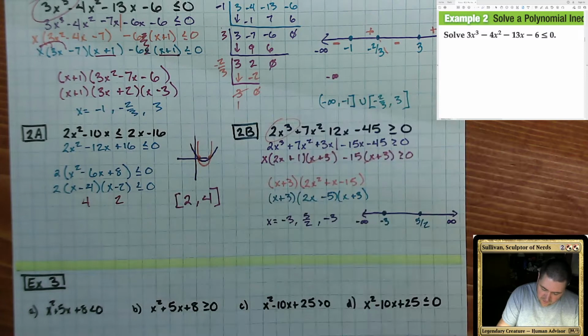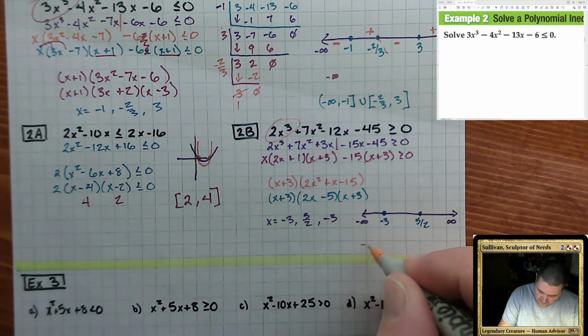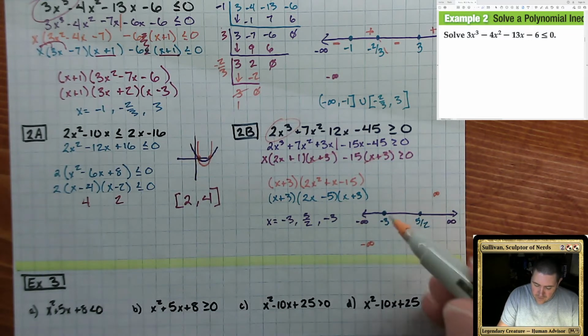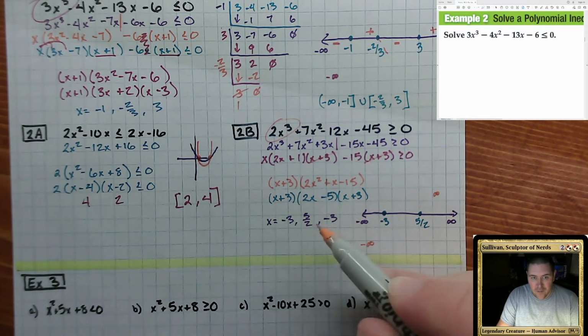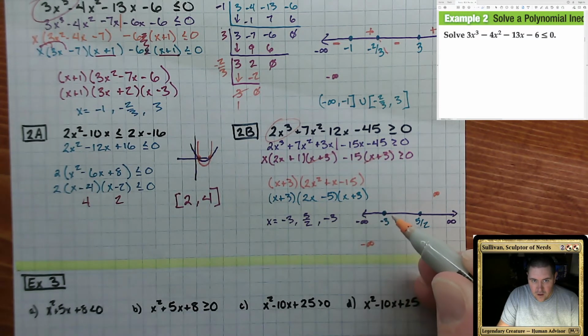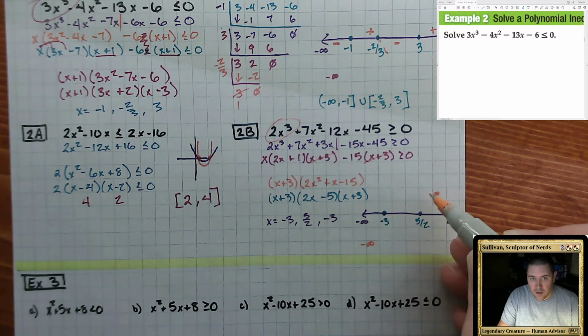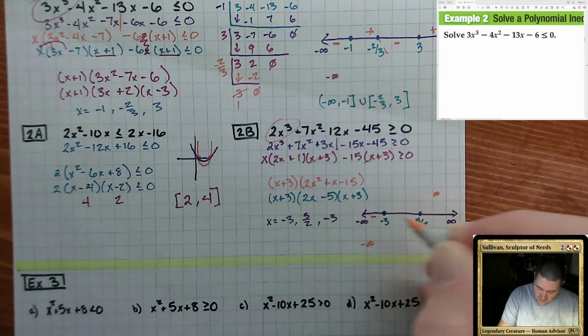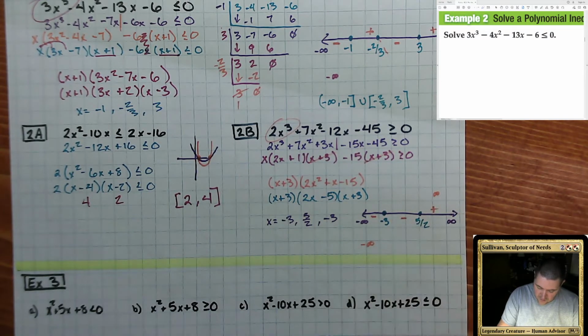It's a positive cubic, so I know it'll start at negative infinity and end at positive infinity. And because this one happened twice, I know it's going to bounce off like a parabola. Happen once, so it'll go through like a line up to positive infinity. So this is going to be negative, negative, positive.